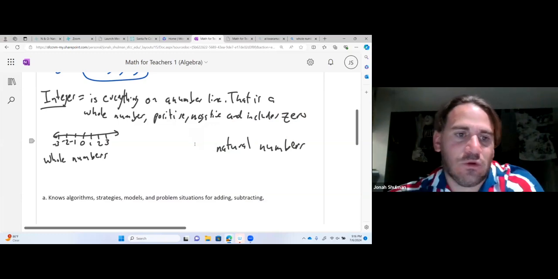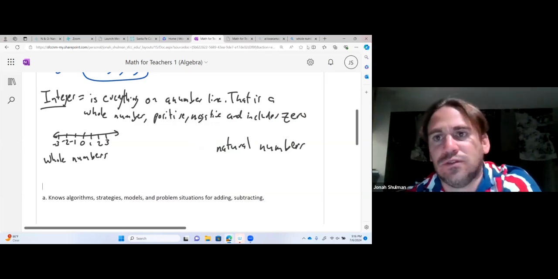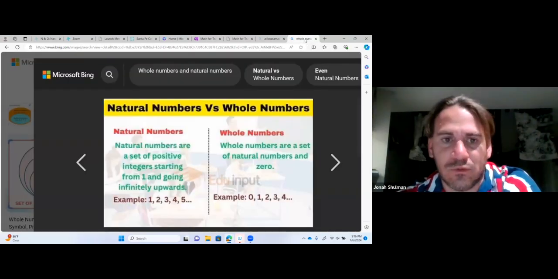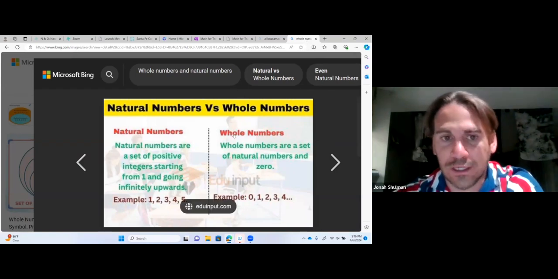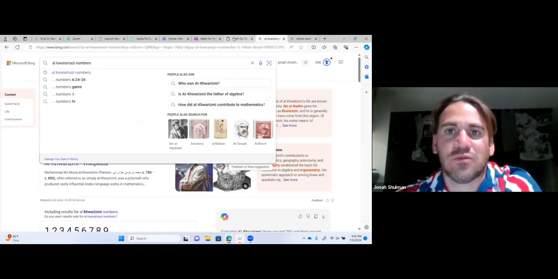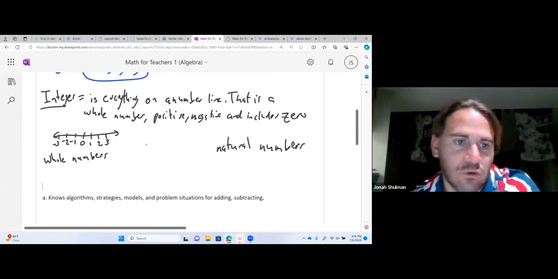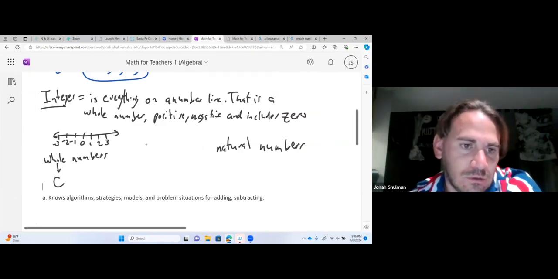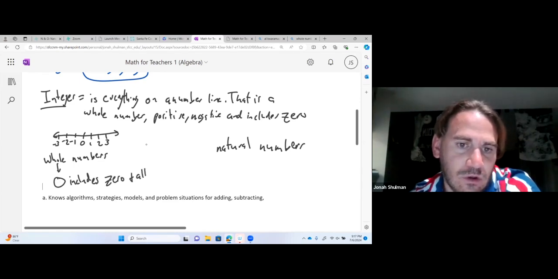I like that. And just to make sure everybody's on the same point, what's a good way to remember it? Whole has the 0. There's an O in whole. So that's the best way to remember this difference. So whole numbers include 0 and all positive values with no decimals.